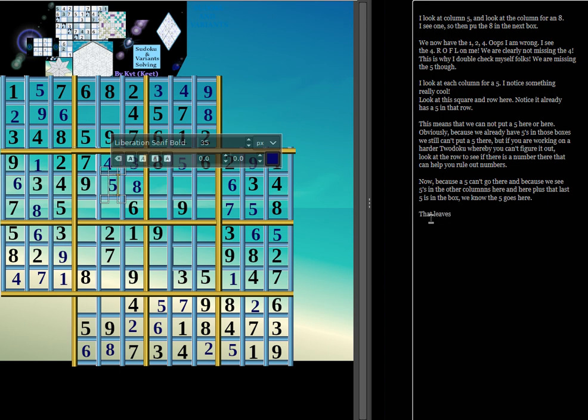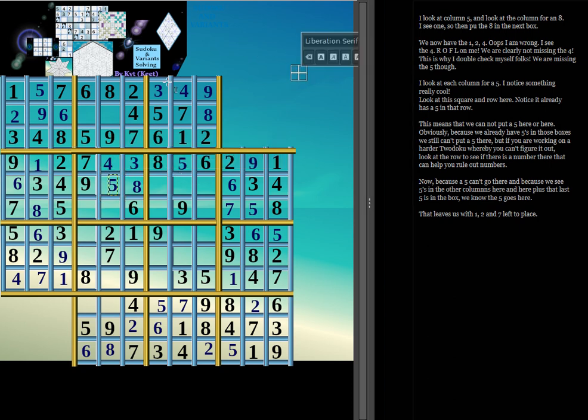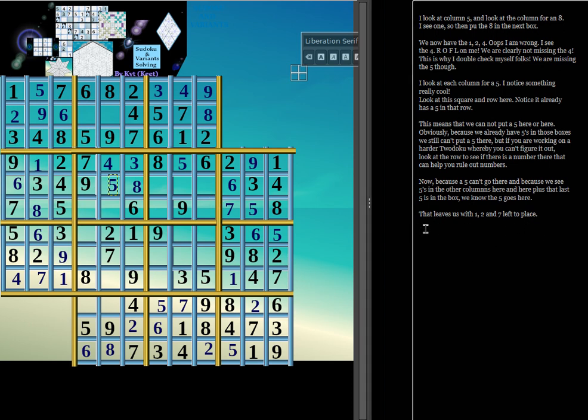That leaves us with 1, 2, and 7 left to place. We see that the middle column cannot take a 7 and the far right column cannot take a 2.